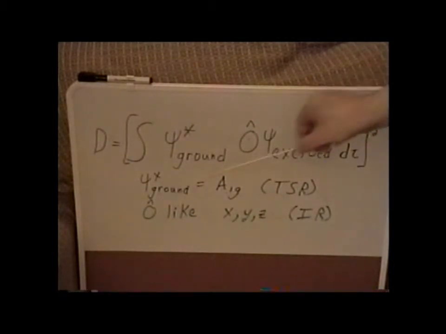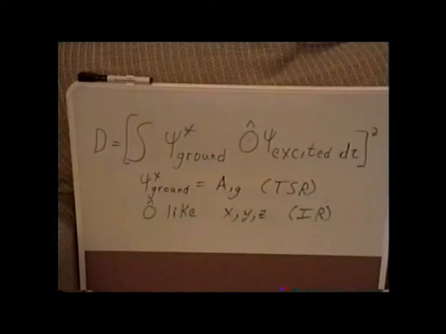Also, our operator, if we're talking about infrared spectroscopy, will transform just like x, y, and z. Which particular irreducible representations that corresponds to will depend on the particular point group. Now, if we have a centrosymmetric point group, these will always have ungerade symmetry.